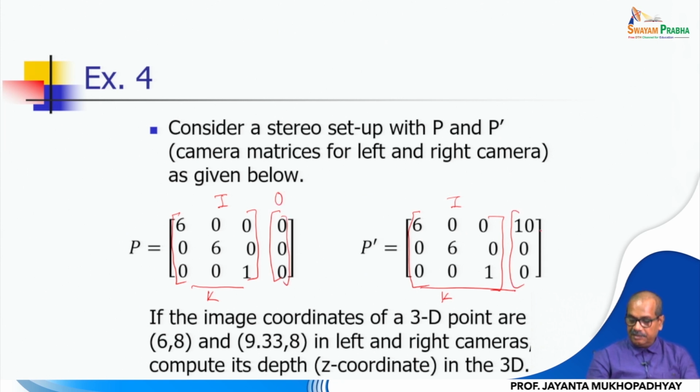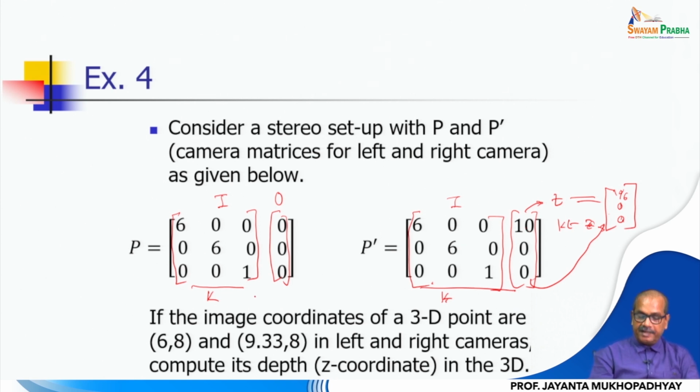Of course, while taking it out you have to consider that K into T should be equal to this matrix, which means T would be 10 by 6, 0, 0. If I multiply K with this T, then you will get that particular column vector. We will see that.